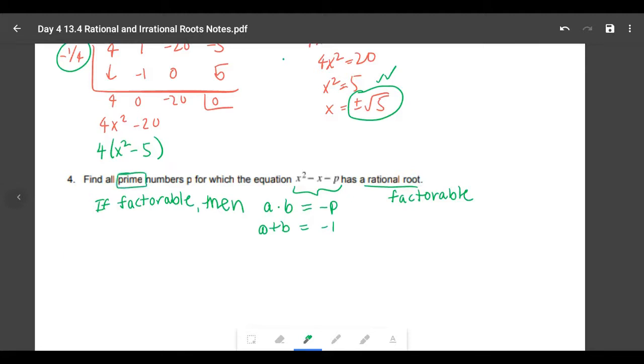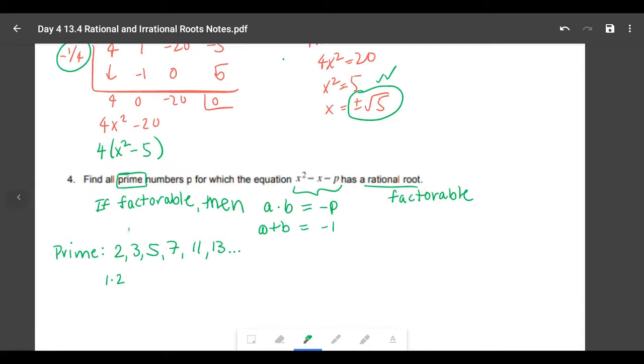So I know that my prime numbers are 2, 3, 5, 7, 11, 13, and so on. I'm going to guess that it's going to be a small number. But if you start thinking about what makes a prime number, it's that there's 2 numbers that multiply together to make it. But when you add them together or subtract them, they need to only be 1 apart.